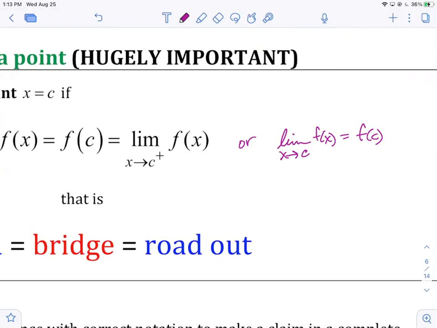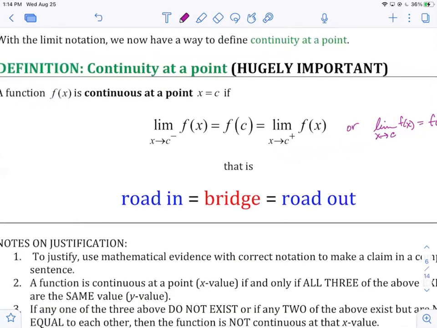Because the left part, the general limit, takes into consideration the two one-sided limits. I don't like that one as much because I can't imagine driving across that way, because I can't drive across the in-road and the out-road at the same time, right? So I think it's easier for students to remember, you know, drive in, drive across, drive out.